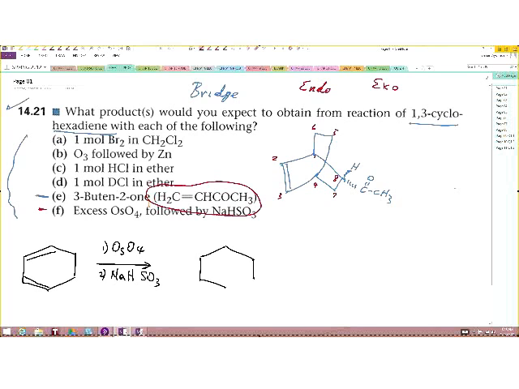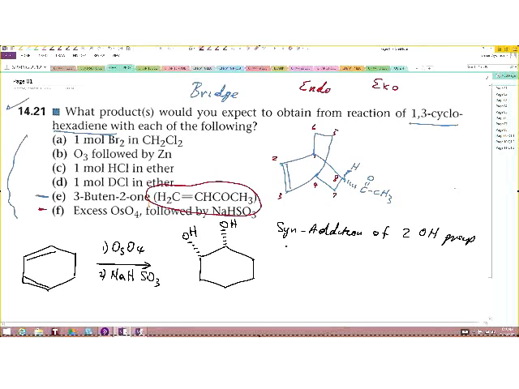So in this particular instance here, you have to know what this reagent does. Okay, so what it does, it adds two hydroxy groups across a carbon-carbon double bond in what we call a syn addition fashion. Syn addition of two hydroxy groups across a carbon-carbon double bond.